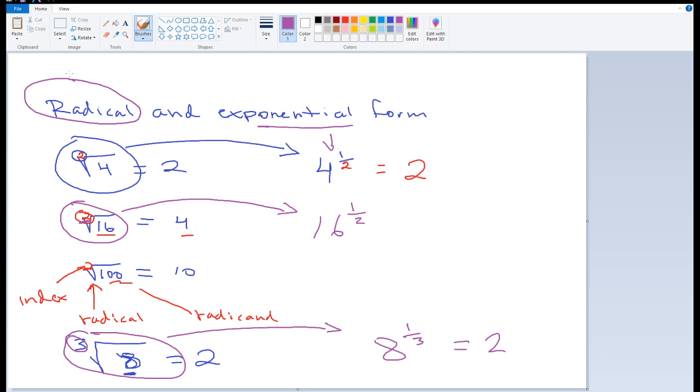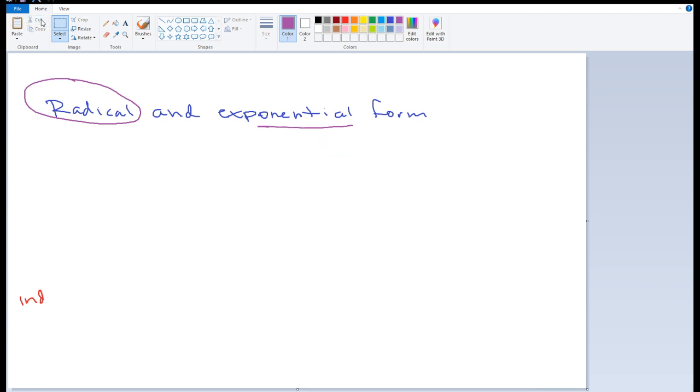So now let's look at a couple different examples where we get to evaluate some of these problems. Let's say I have 125 raised to the 1/4. Well, this is an exponential form, so let's write it as a radical form.